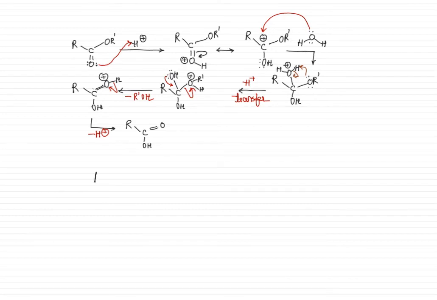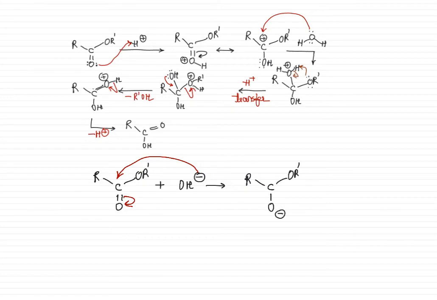Alkaline conditions, if you want to know how this happens, I think it is again the same thing. If you take OR dash, which is a leaving group, and with OH minus, there would be a simple attack on this. Pi bond collapses. You have R, C, O minus, OR dash, and OH. This would remove OR, and you have your R, C double bond O, OH plus OR dash minus.